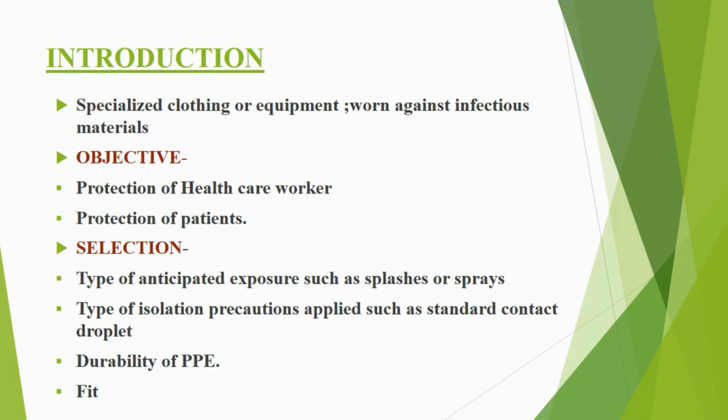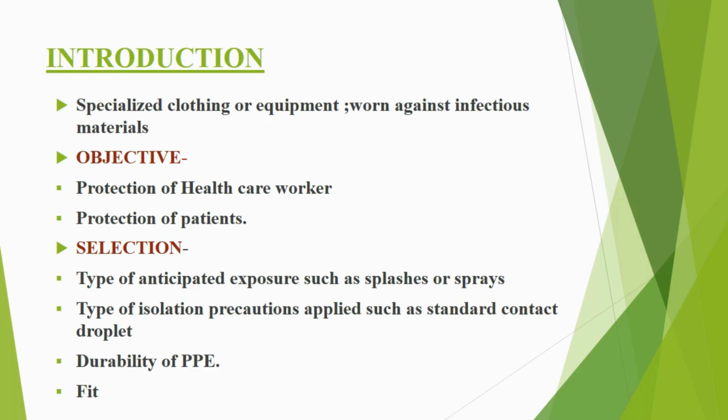The main objective of personal protective equipment is to protect the healthcare worker, and second is protection of the patient. So the selection of the appropriate PPE is based on the level of risk associated with contamination of skin, mucous membranes, and clothing by blood and body fluids during a specific patient care activity or intervention, or as a part of standard precaution.